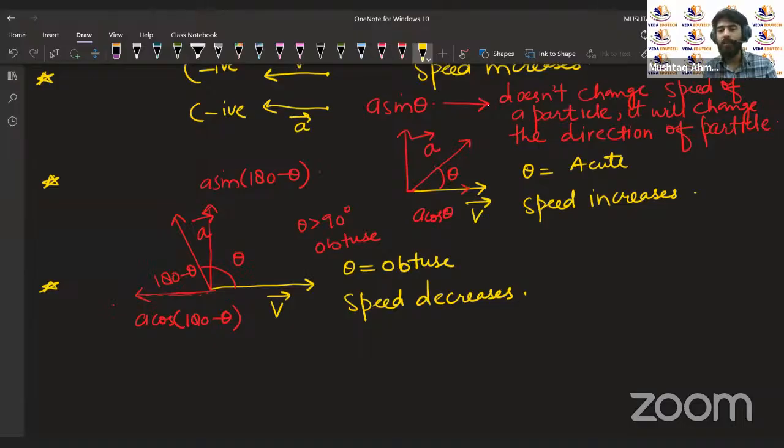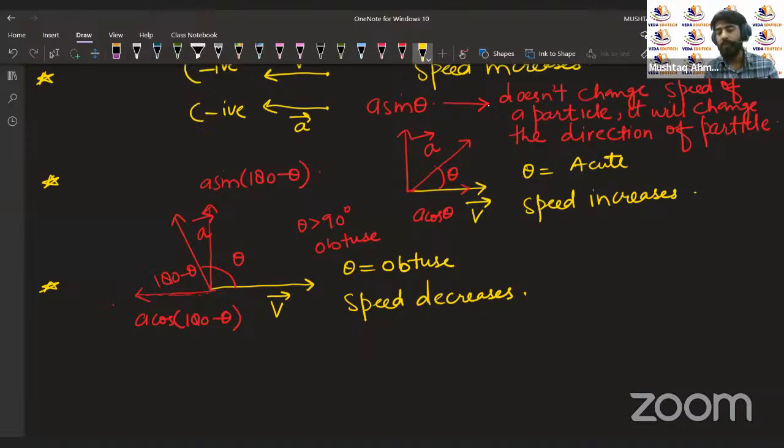Then it's going to increase the speed of that particle. And point number two is that the component which is perpendicular to the velocity vector does not change the magnitude of the velocity vector. It only changes the direction of the particle, right? So normal components are always responsible for changing the direction of a particle, right?